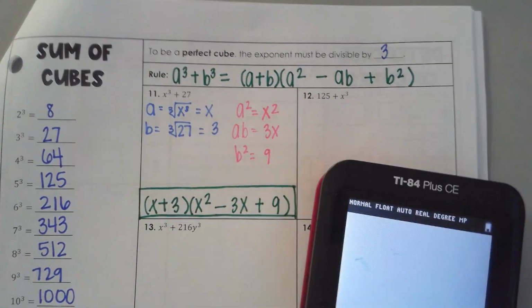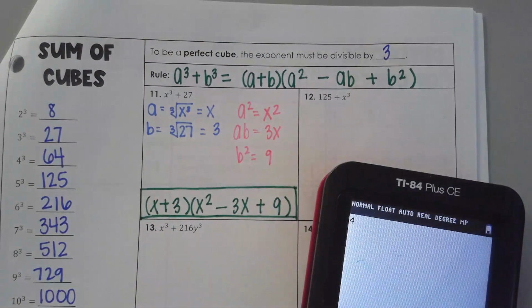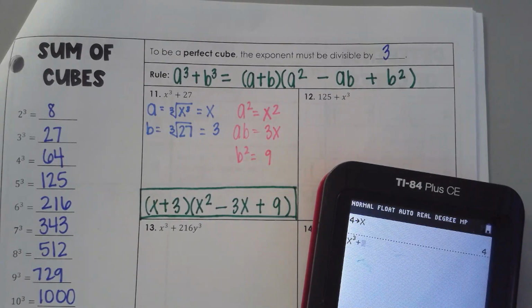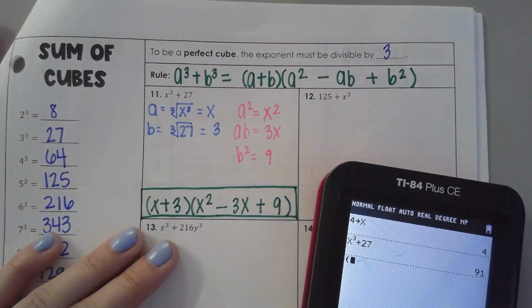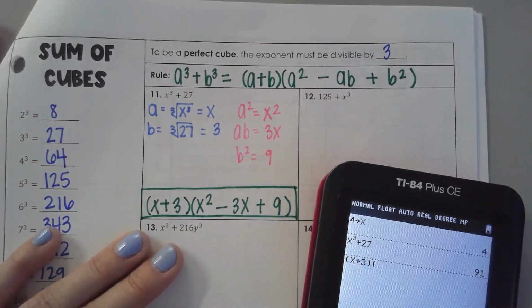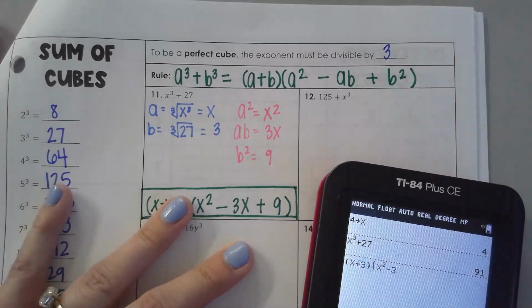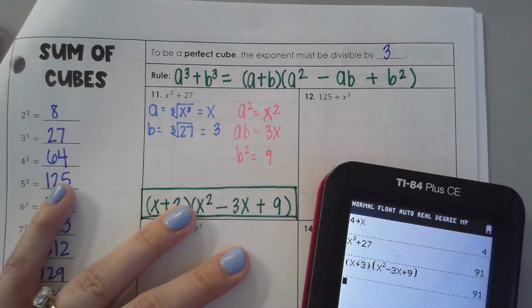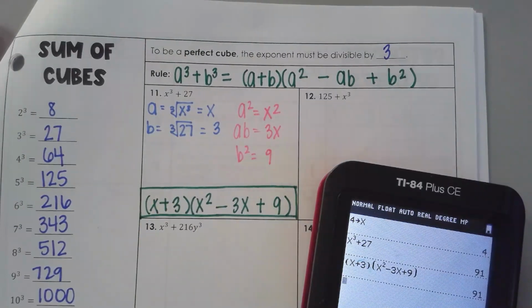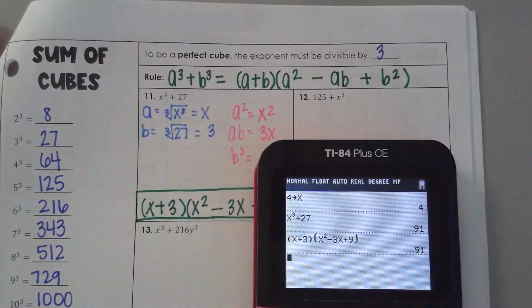And you can check: x cubed plus 27 equals x plus 3 times x squared minus 3x plus 9. Since I got matching numbers, I know it was right. I just randomly picked 4.